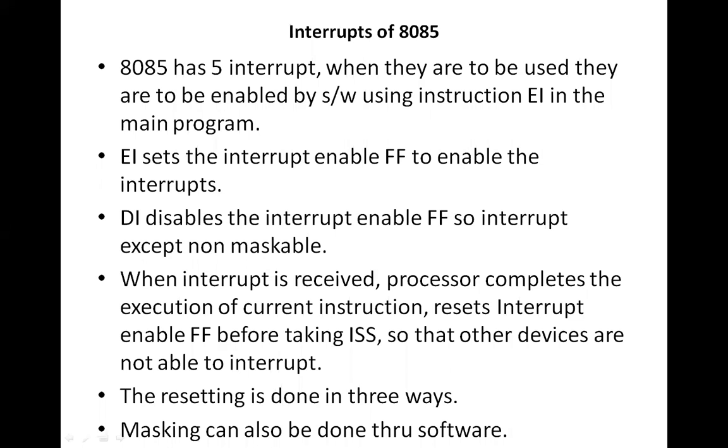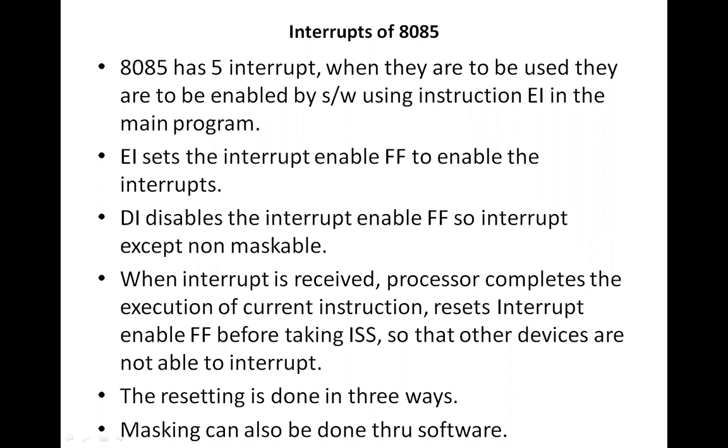Now, as far as masking is concerned, as I told you, RST 7.5, RST 6.5, RST 5.5 and INTR are all maskable interrupts. If I say that these are maskable interrupts, meaning thereby masking means they can be avoided for a few times. They can be entertained, but they can be avoided.